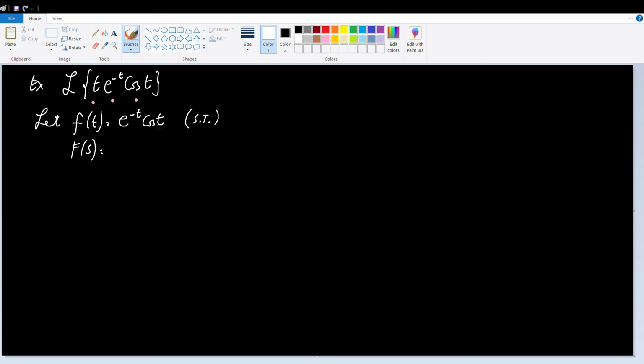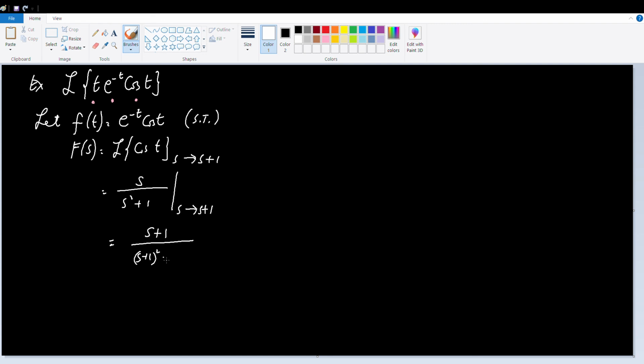Take the Laplace transform of cosine of t and change s to s minus negative 1, or s plus 1. The Laplace transform of cosine t is s over s squared plus 1. But we need to change s to s plus 1. So that will be s plus 1 over s plus 1 squared plus 1, or s plus 1 over s squared plus 2s plus 1 plus 1, or plus 2. That is my f of s.